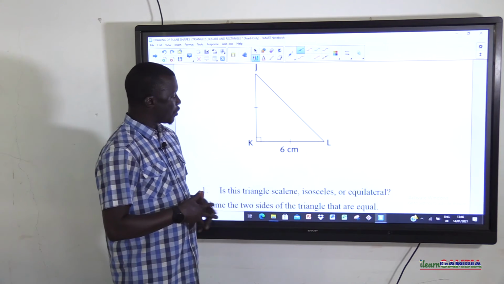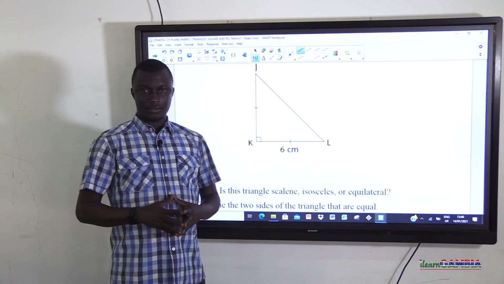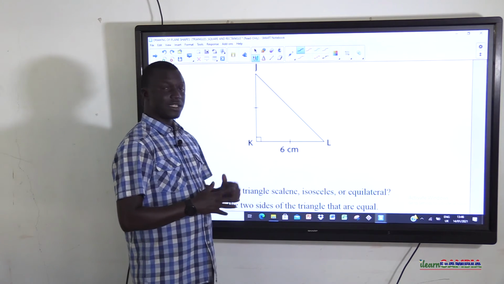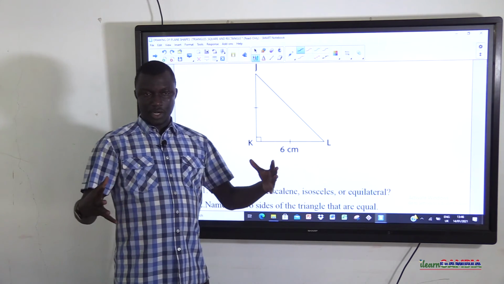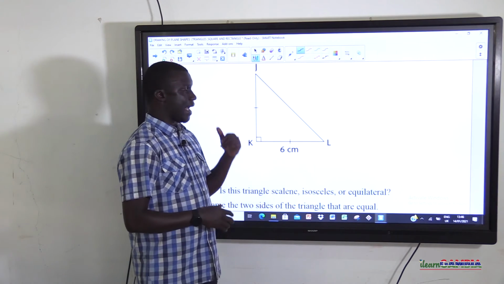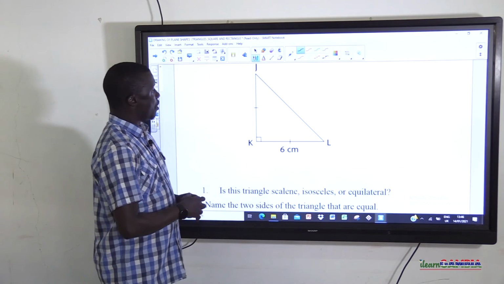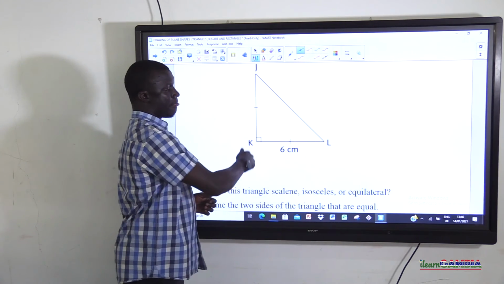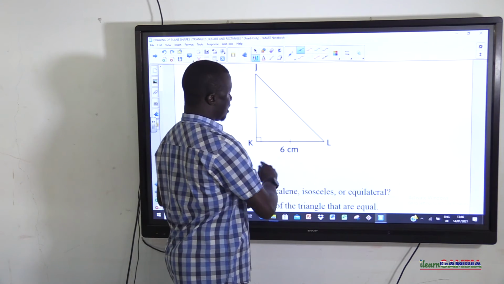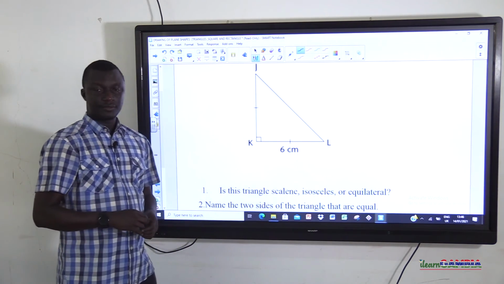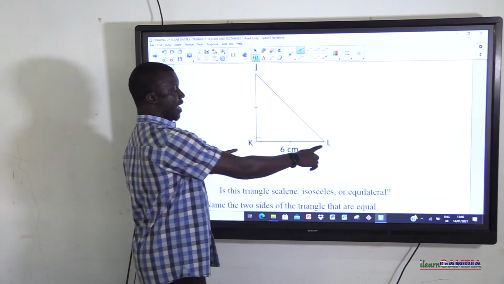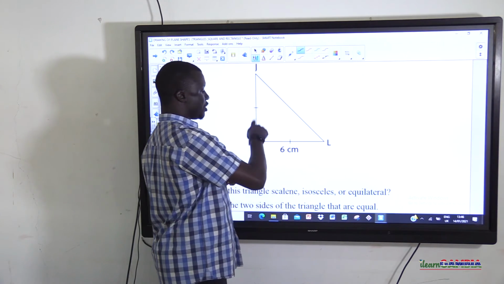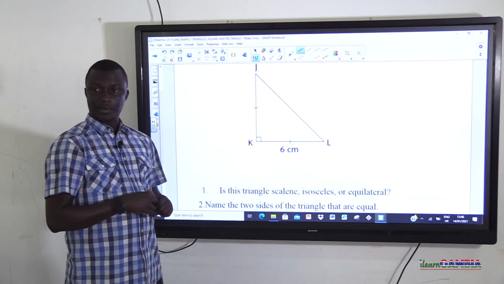But it does have a feature of an isosceles triangle, wherein two of the sides are equal. How do you know the two sides are equal? Because they are identically marked. We can conclude that side JK is equal to side KL. So if KL is 6 centimeters, then JK equals 6 centimeters as well.